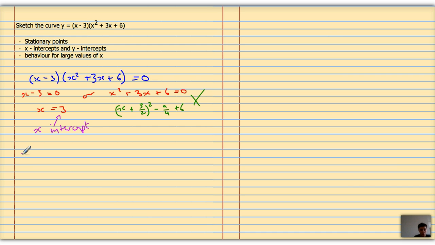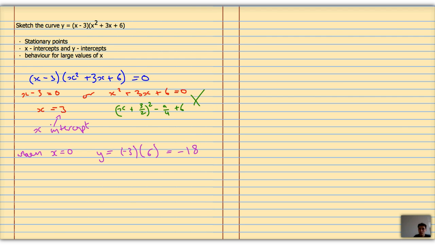We could just set x equal to 0. So when x equals 0, y equals, it's going to be 0 minus 3 for the first bracket, and the second bracket is going to be 0 squared plus 3 times 0 plus 6, so times by 6. So the y-intercept is going to be minus 18.